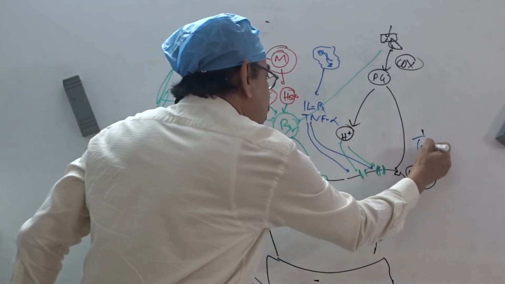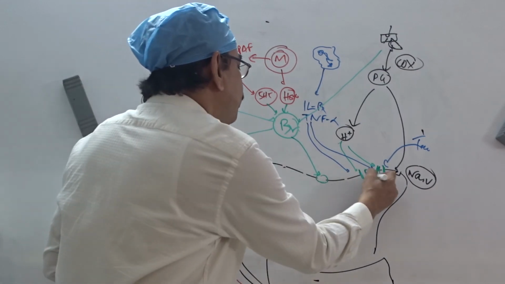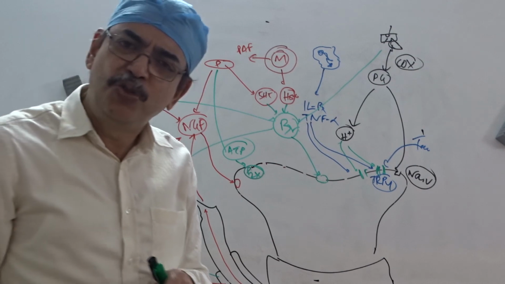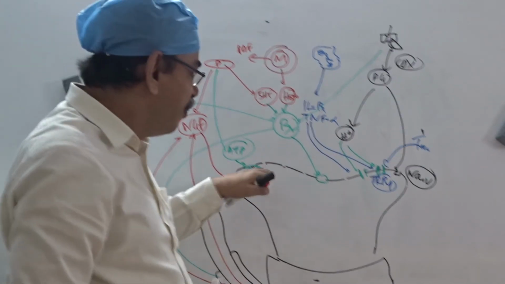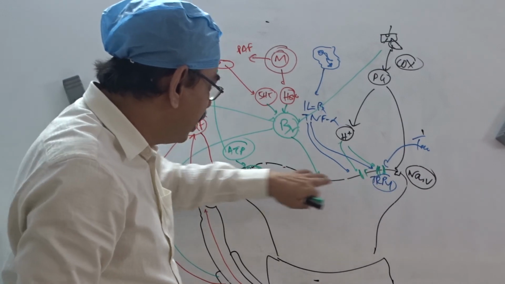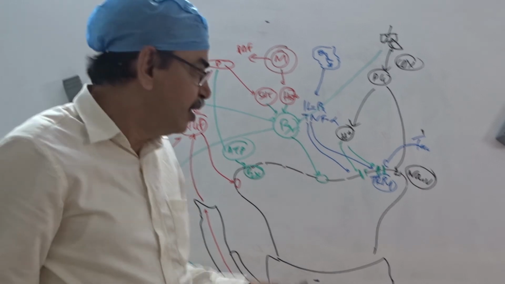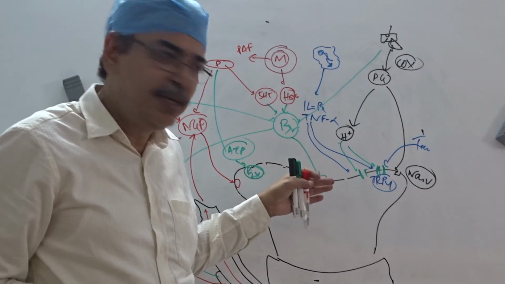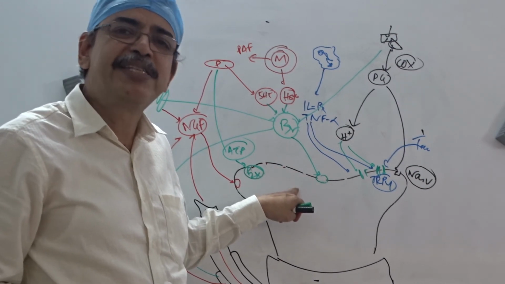This temperature also stimulates this temperature receptor TRPV1. So these receptors all together lower the threshold. They make the inside of the nerve cell more positive. And this is how the inflammation stimulates the pain nerve fibers, A delta and C nerve fibers.